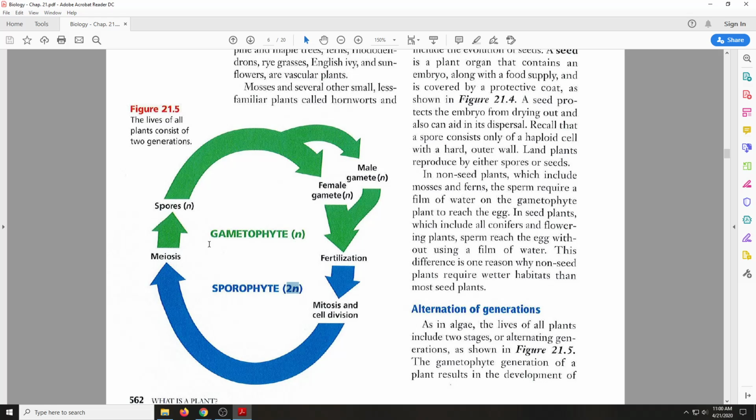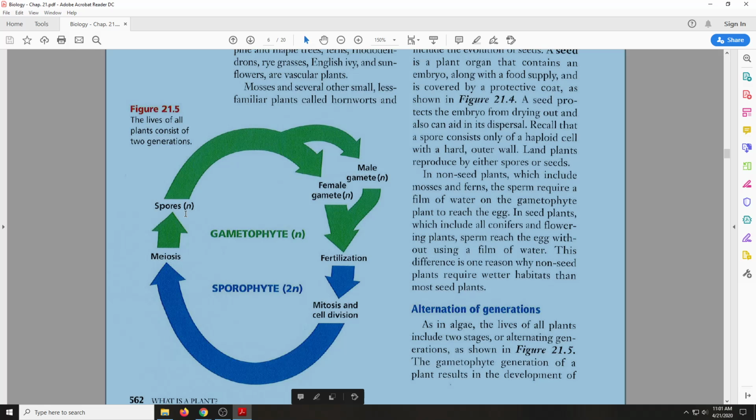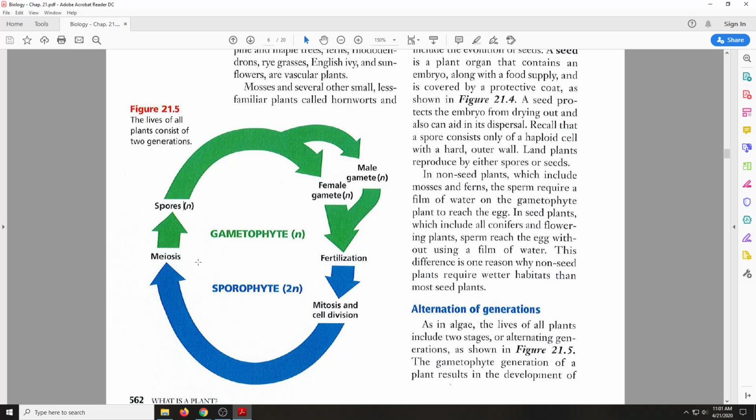Let me read from here. The gametophyte generation of a plant results in the development of gametes, which are egg and sperm. Okay? So the gametophyte results in eggs and sperm. All cells of the gametophyte, including the gametes, are haploid, meaning they have n chromosomes.